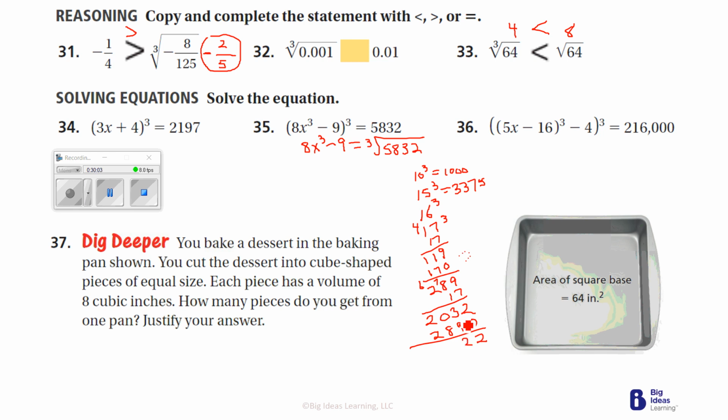Or is it? Let's see here. I want to make sure I'm getting this right. 9 times 7 is 63, just like I said. Then 6 over here, 14 plus 6 is 20, that's right.